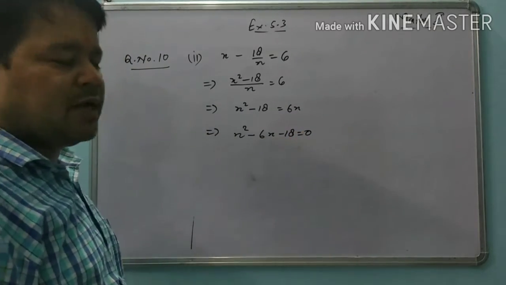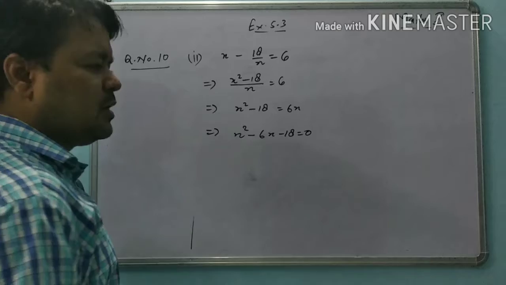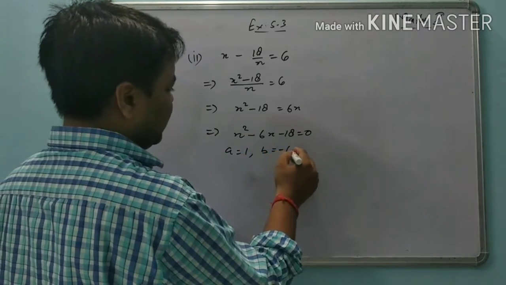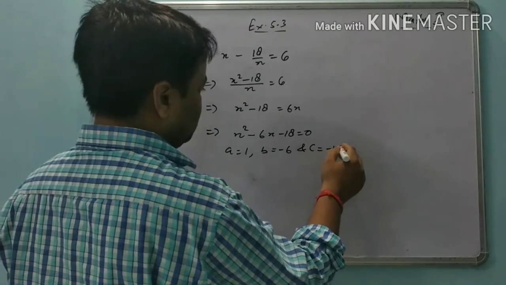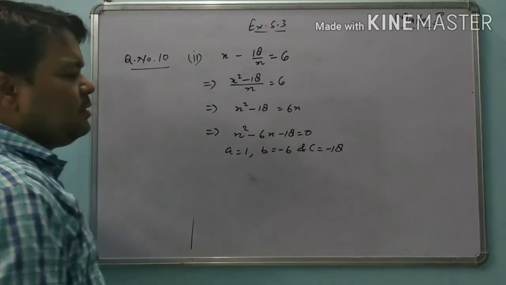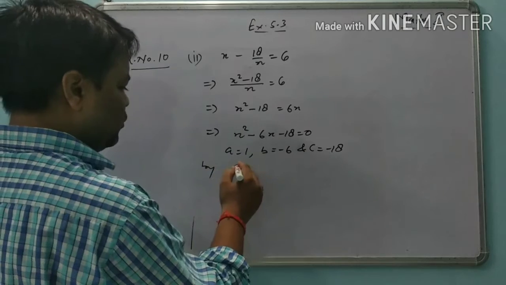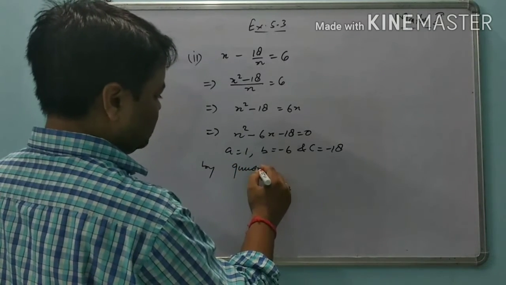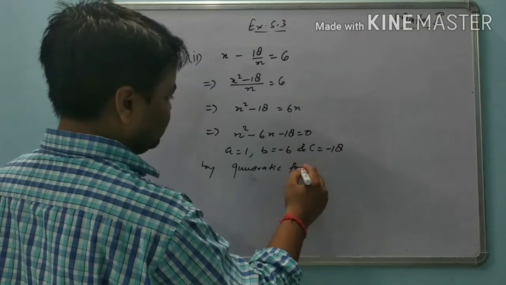Now compare it with the standard form of the quadratic equation. We find a is equal to 1, b is equal to minus 6 and c is equal to minus 18. Again we use the quadratic formula, or the Sridharacharya method.